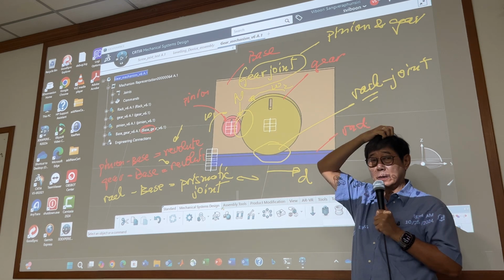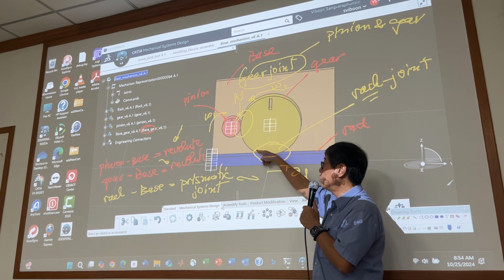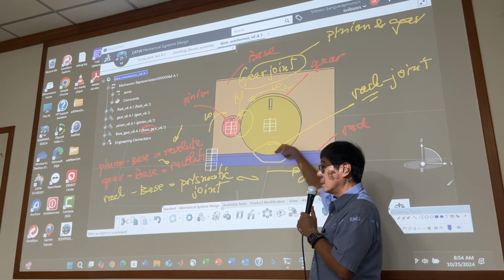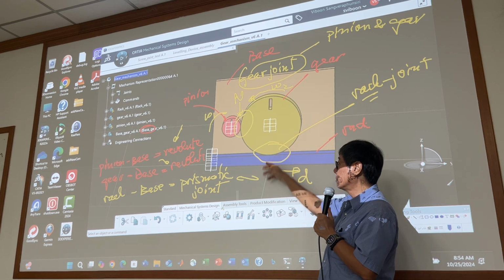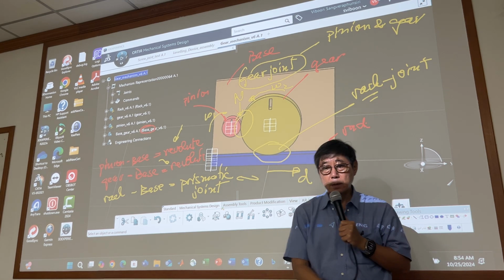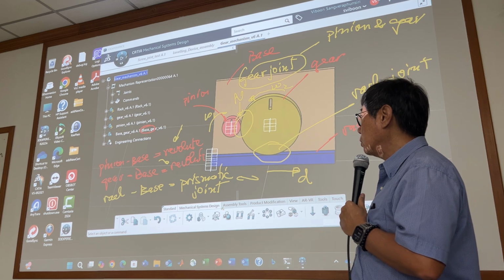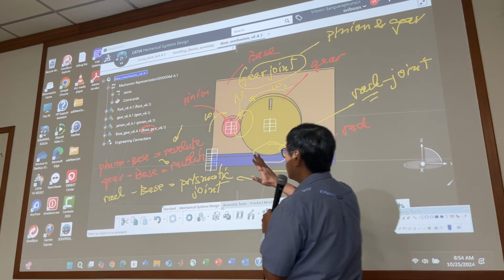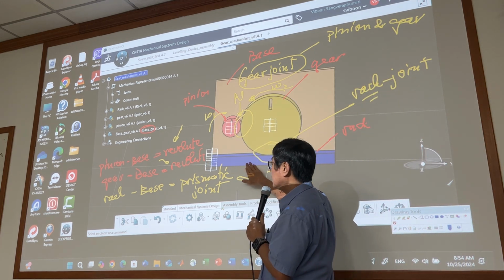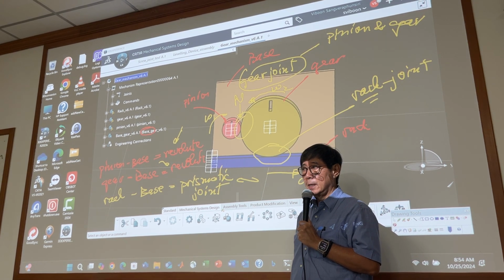It's a gear ratio. This one as well. You need to know only this circle, this radius. You can find the relationship between these two, right? Okay. So in that case, you need to create a rotating joint and a prismatic joint. Okay, in that case.